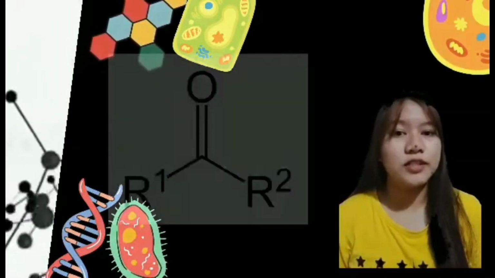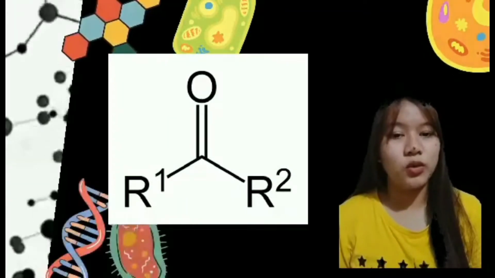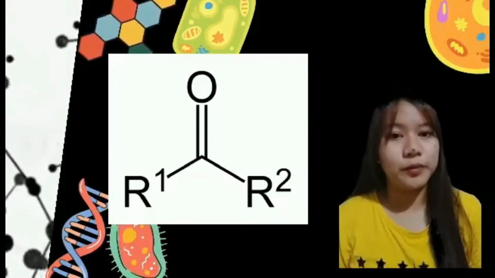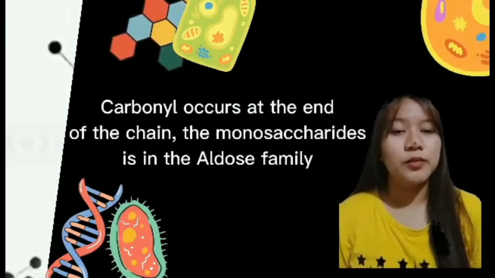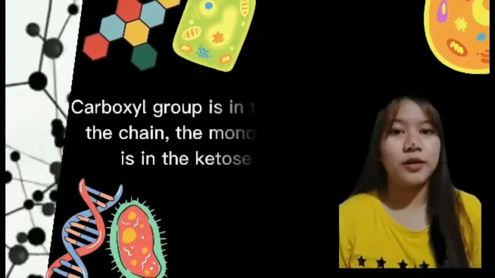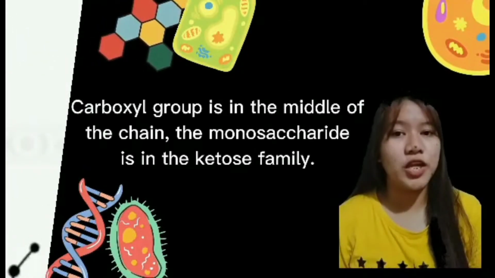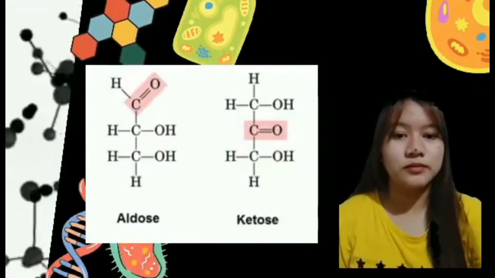Some of the carbons in the chain will form a double bond with an oxygen, which is called a carbonyl group. If this carbonyl occurs at the end of the chain, the monosaccharide is in the aldose family. If the carbonyl group is in the middle of the chain, the monosaccharide is in the ketose family.